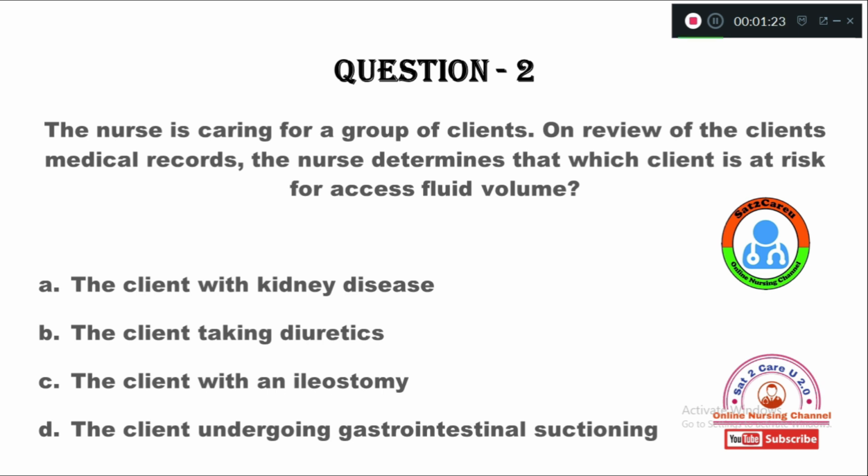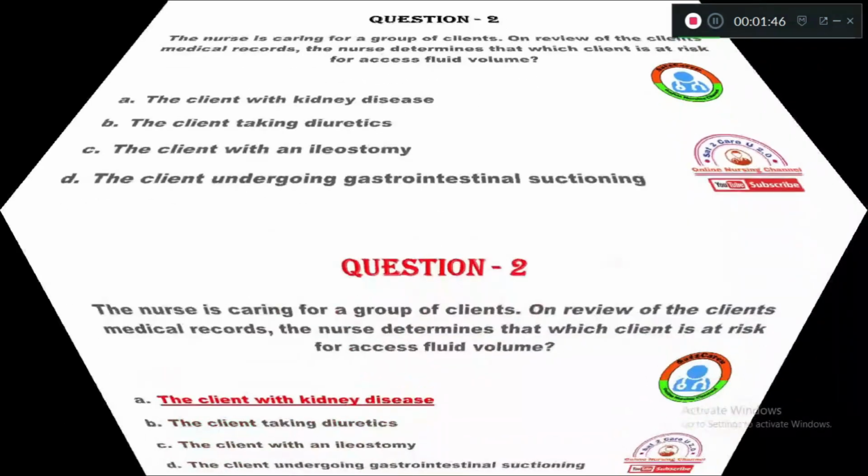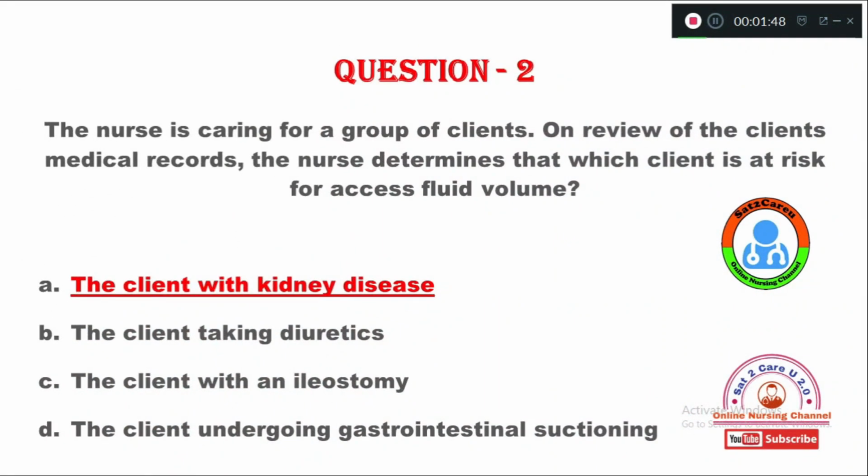The options are option A, the client with kidney disease, option B, the client taking diuretics, option C, the client with ileostomy, and option D, the client undergoing gastrointestinal suctioning. So which client is prone to get the risk for excess fluid volume? The right answer is option A. The client with kidney disease is prone to develop excess fluid volume.